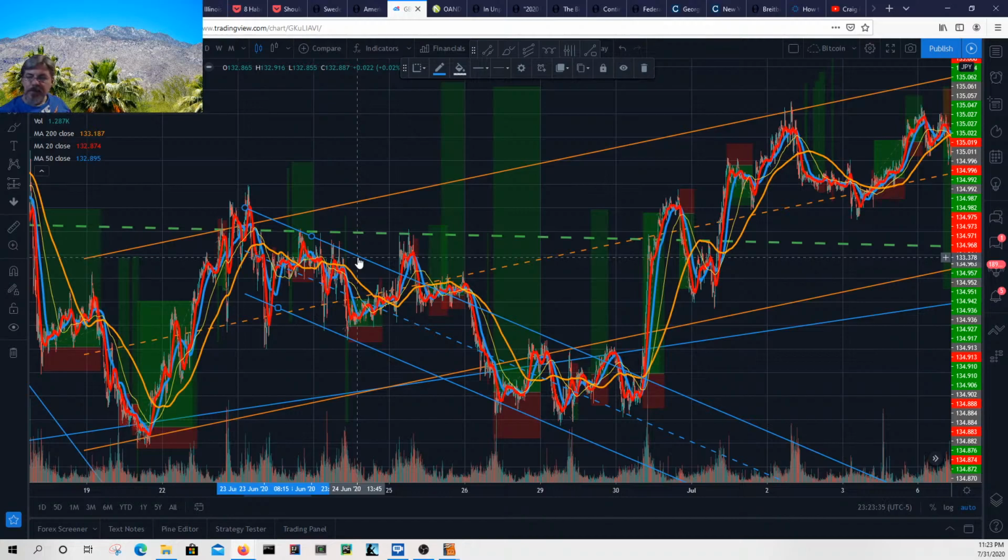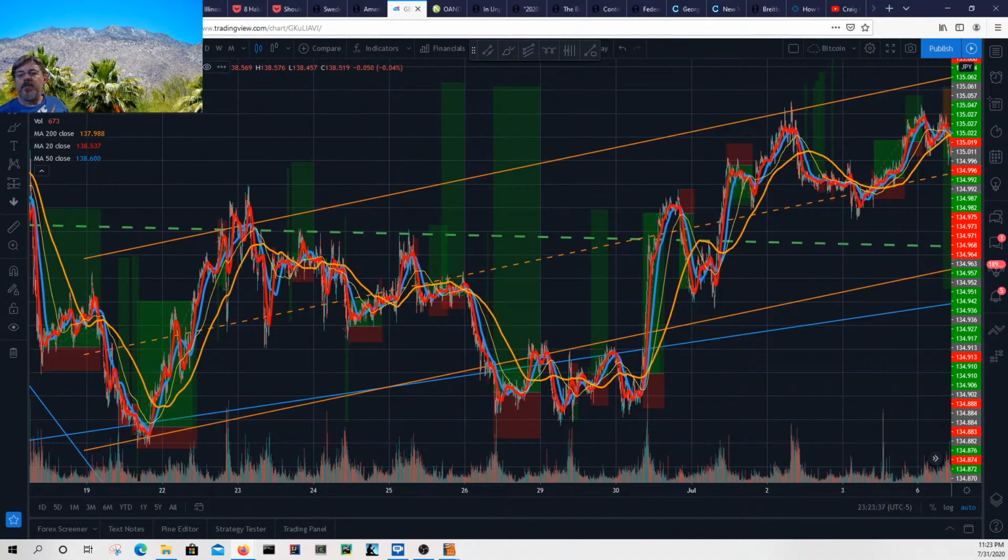So I like this British pound Japanese yen currency pair, because it actually moves a lot more. That scares a lot of people, but it shouldn't scare you. It's an opportunity.